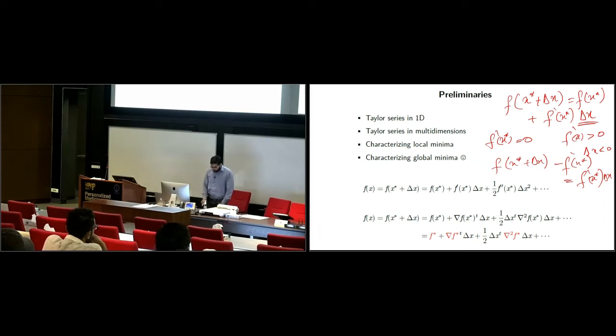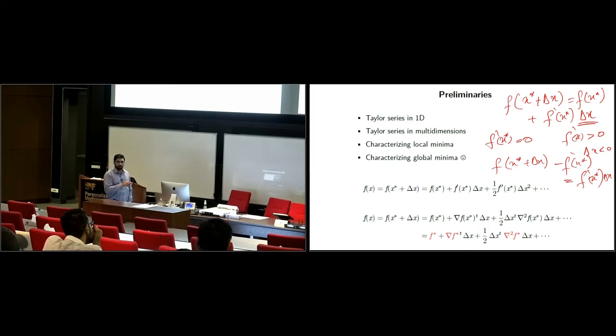For f of x star to be a minima, f of x star plus delta x has to be greater than f of x star for all small delta x, otherwise it would not be a minima. So x star is a minima if for small enough delta x this value is bigger than this.